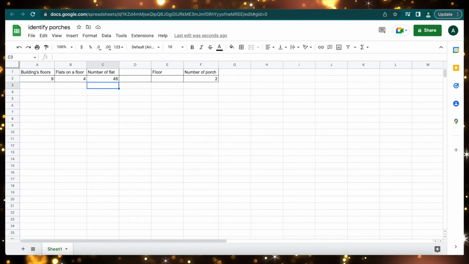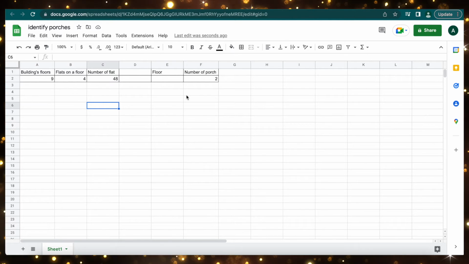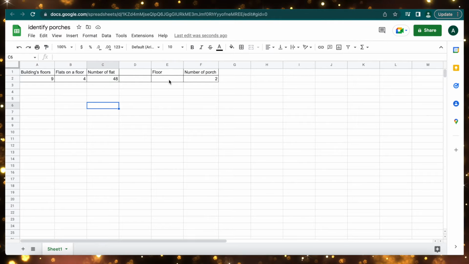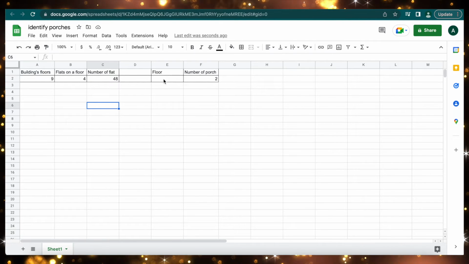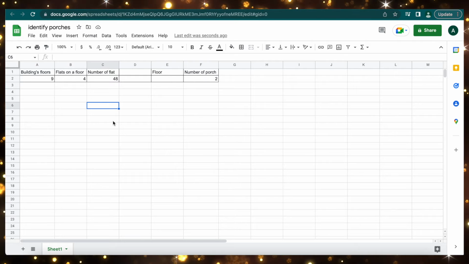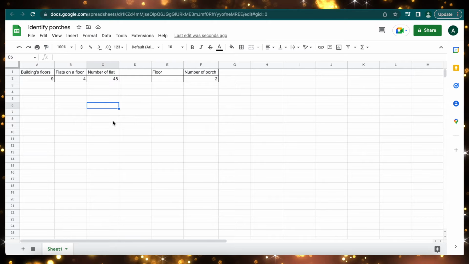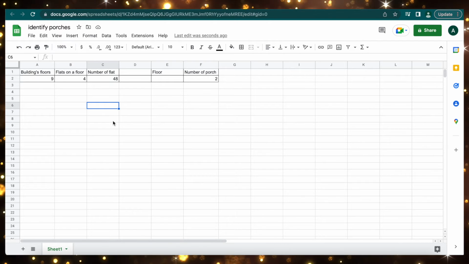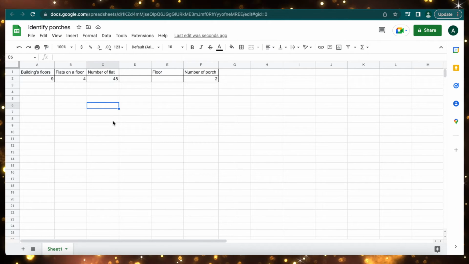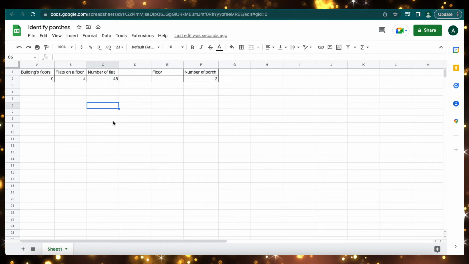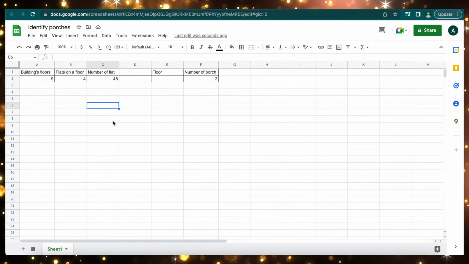How can we get this? But before we start writing the main formula to identify our floor, I want to explain how we will calculate it, because if I only write a formula you don't understand why we write it in that position.